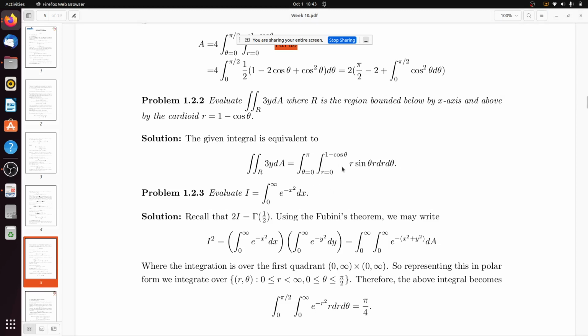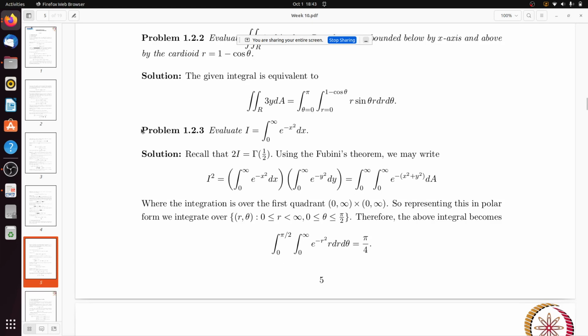Now it is simple calculation, r square sin theta dr d theta, you just integrate it and you will get the answer.